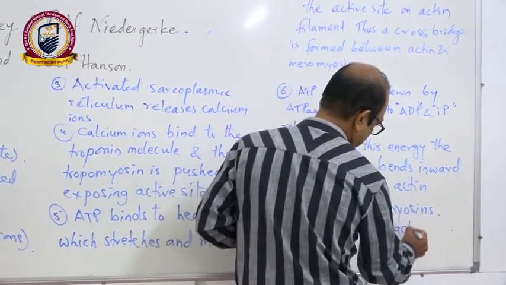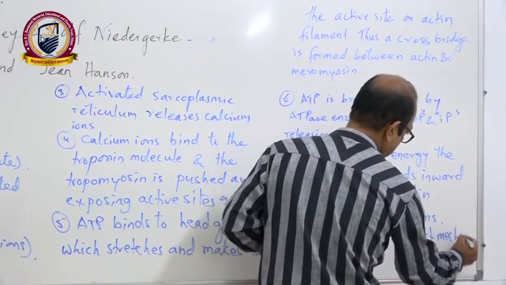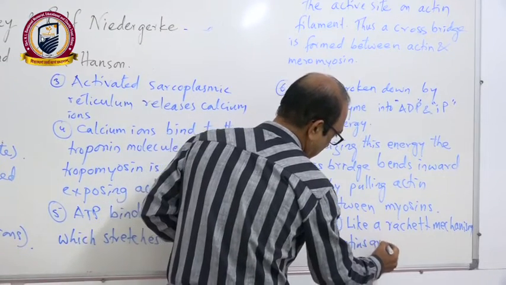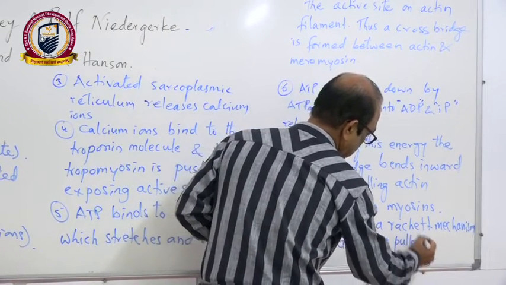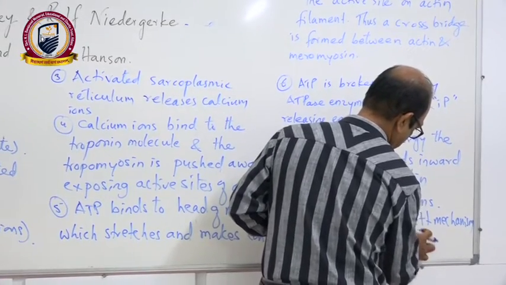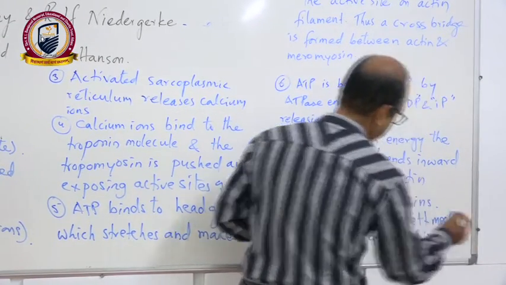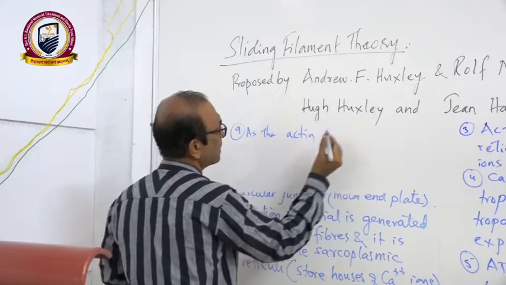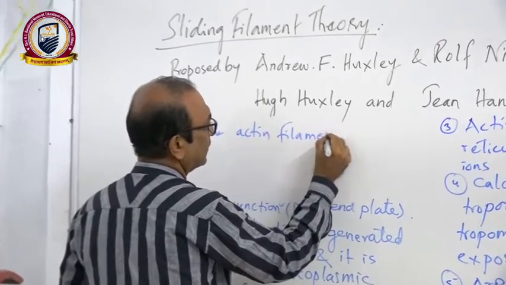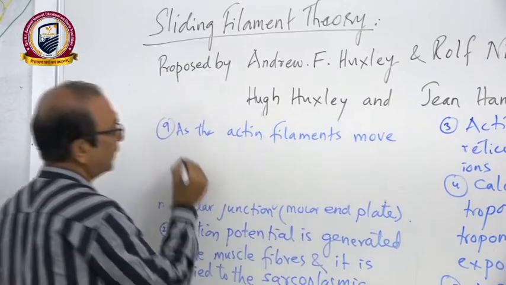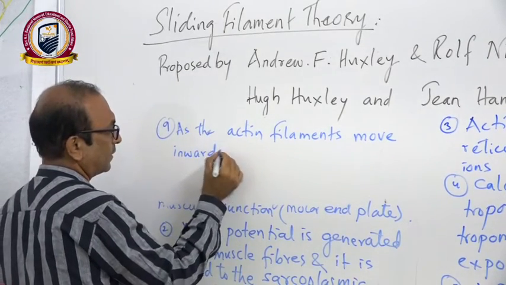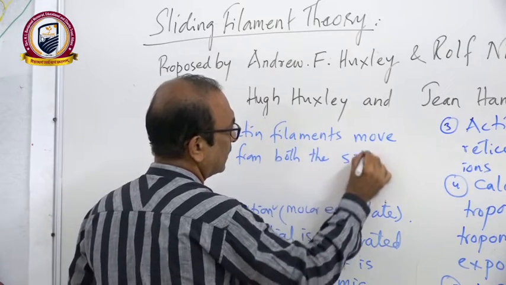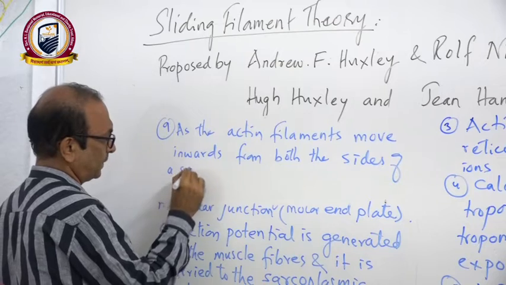Like a ratchet mechanism, actins are pulled inside, or actin filaments move inward from both the sides of a sarcomere.